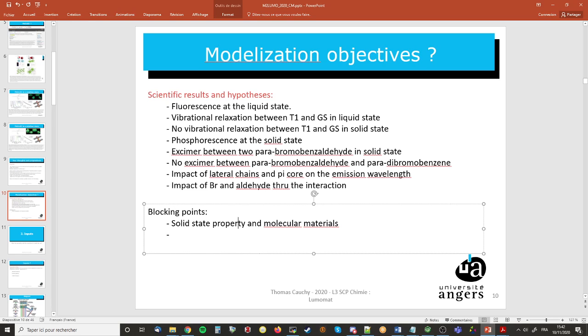That means that you will have a repetition of the atoms in all directions, and you will not use local orbitals, but periodical orbitals, and it is quite different in approach.